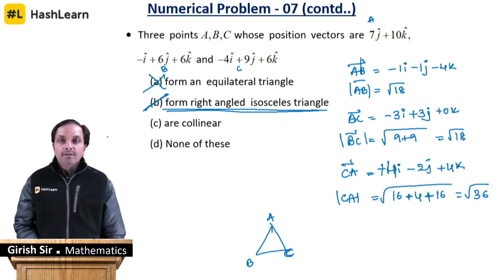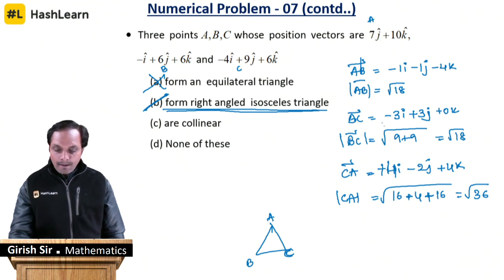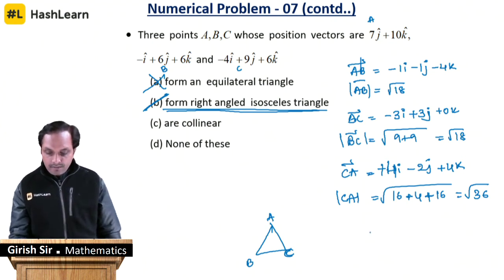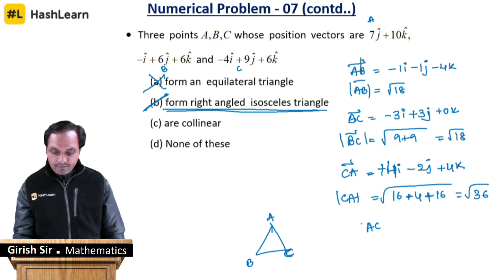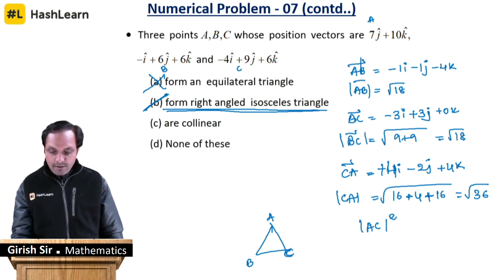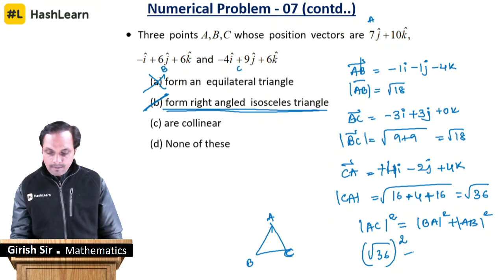100%. क्यों बोले तो आपको क्या करना है यहाँ पे? AC और CA मैग्नीट्यूड जो है उसको स्क्वायर किए तो BC मैग्नीट्यूड होल स्क्वायर, AB मैग्नीट्यूड होल स्क्वायर. ये है आपका रूट 36, ये है आपका रूट 18, ये है आपका रूट 18.